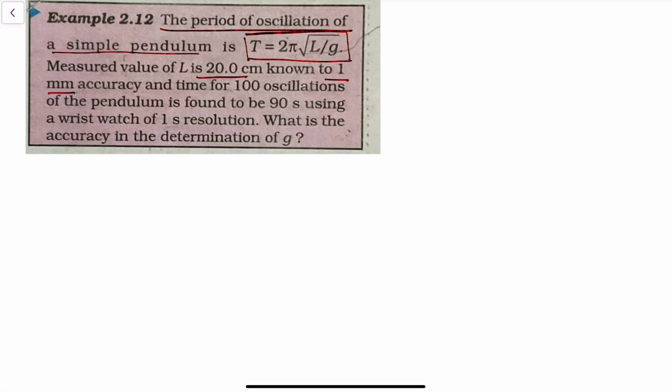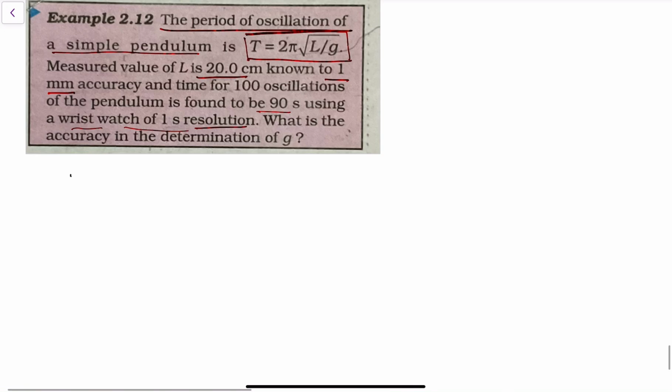If we convert into centimeters, that is 0.1 centimeters. The time for 100 oscillations is found to be 90 seconds, and the wristwatch resolution is 1 second. What is the accuracy in the determination of g?